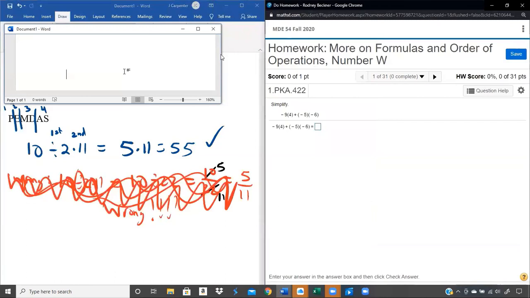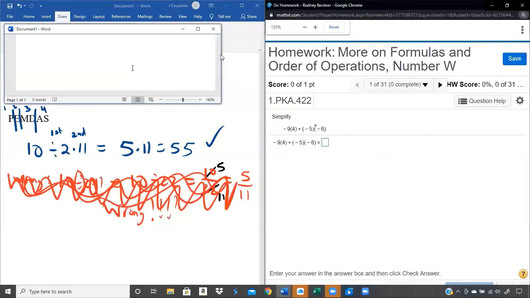All right, so being reminded of those steps, we're also being reminded that just because you have a parentheses doesn't mean it counts as a parentheses. In this problem right here, that is not a parentheses of a 4 because there's nothing going on inside of it. It's just a 4. This is just a -5. This is just a -6. There's no operations inside of the parentheses.